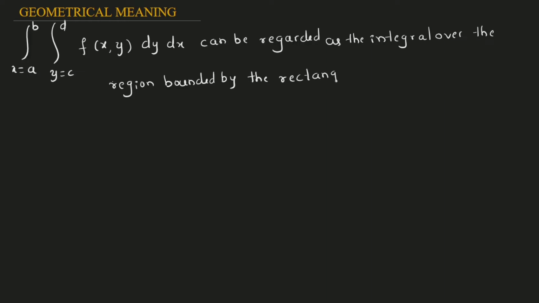Since it's a rectangle, the variables a, b, c, d represent the sides: x equal to a, x equal to b, y equal to c, y equal to d.